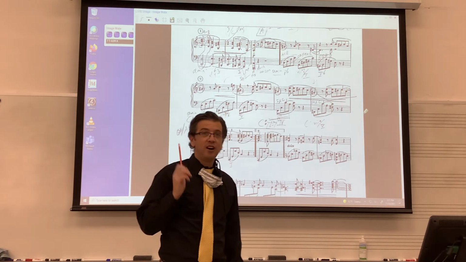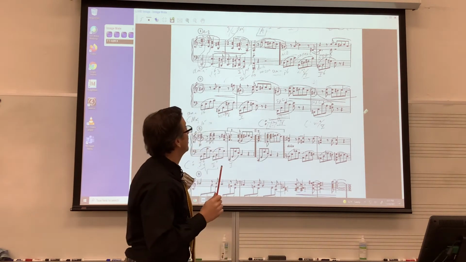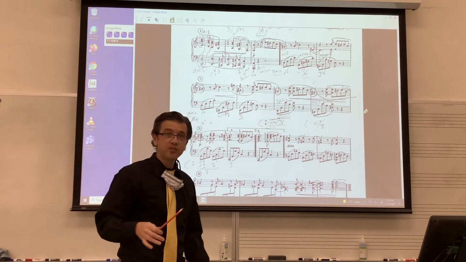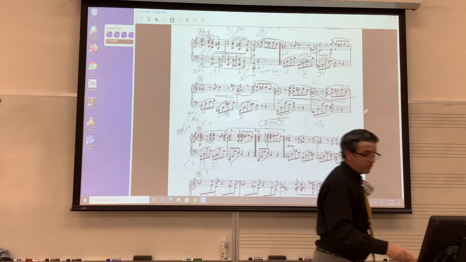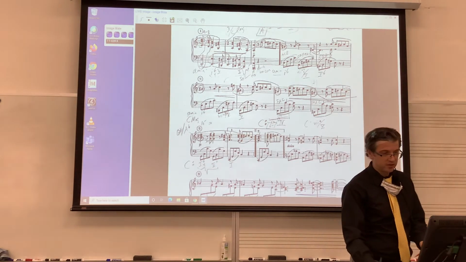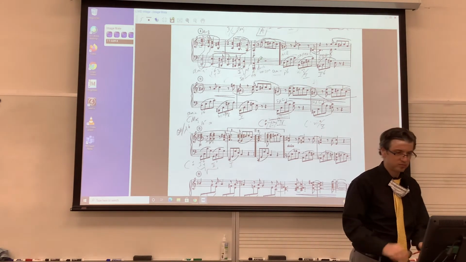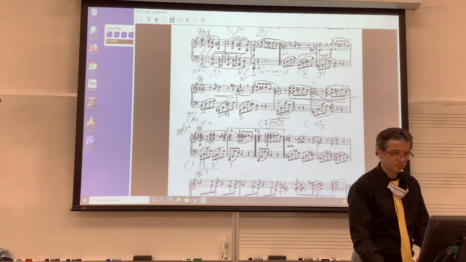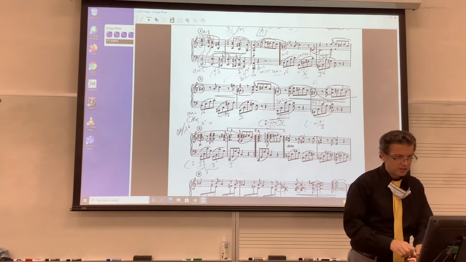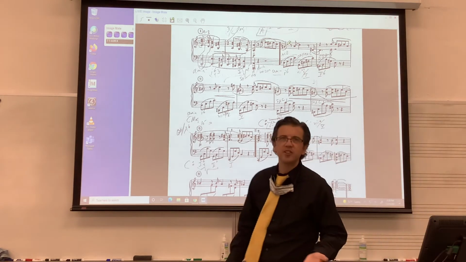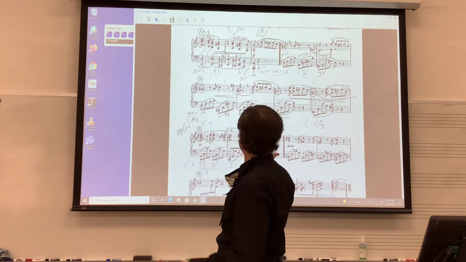There is a lot of use of non-chord tones, again, to kind of blur what the harmony is. Let's take this first G sharp, for example. So the harmony is A minor, but the melody note is G sharp.